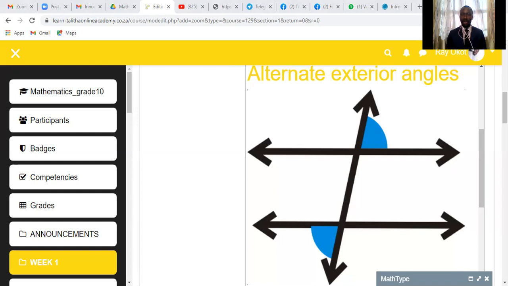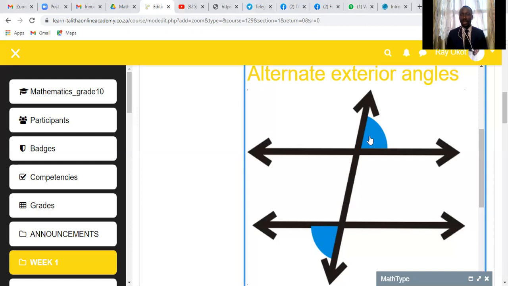What I'm trying to say is that if you have two parallel lines, this line here and the other line, and a transversal line, this one here, then from these we get the outer angles, this one here and this other one, and we call these angles alternate exterior angles.